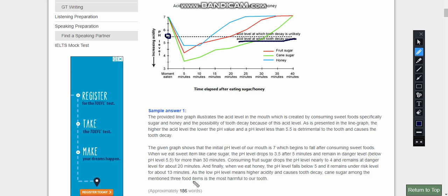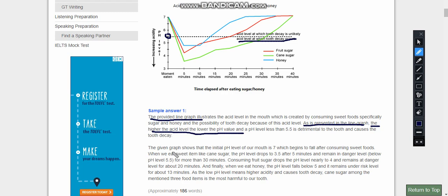So let's emphasize the distinguishing information of that writing. The provided line graph. As is presented in the line graph, the higher the acid level, the lower the pH value, and a pH level less than 5.5 is detrimental to the tooth and causes tooth decay.